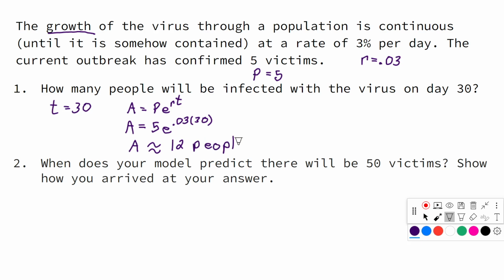Now, we can use this formula to find rate, or we can use it to find time. So this next part of it, when does your model predict there will be 50 victims? In this case, T is our question mark. A is going to be 50.